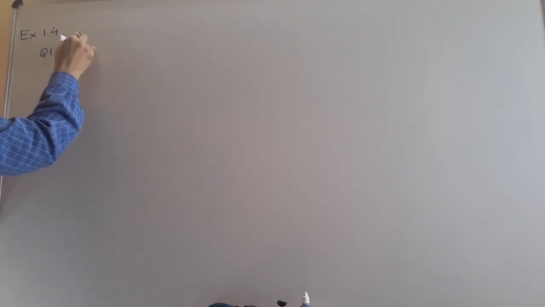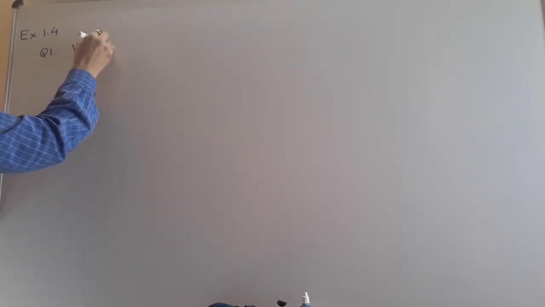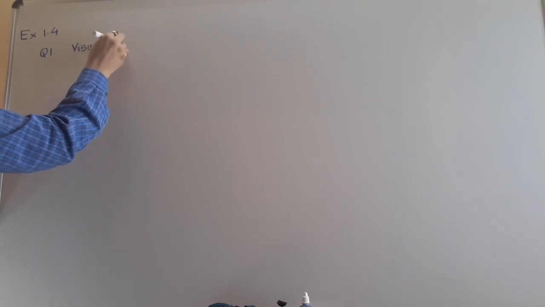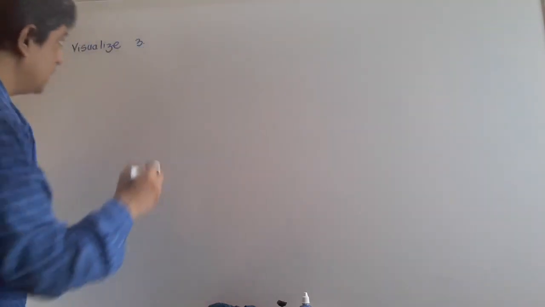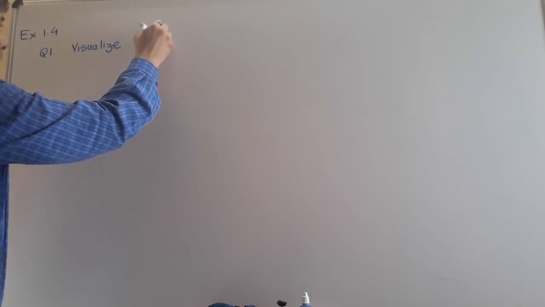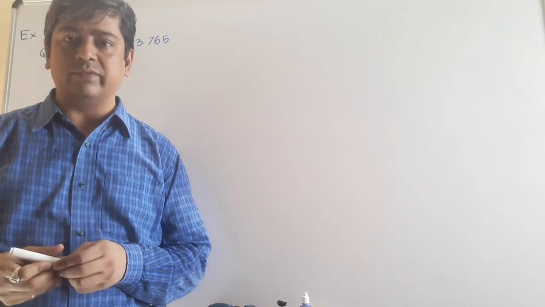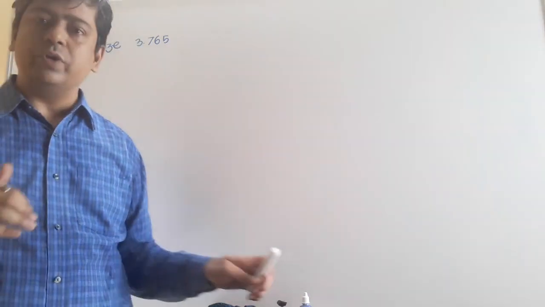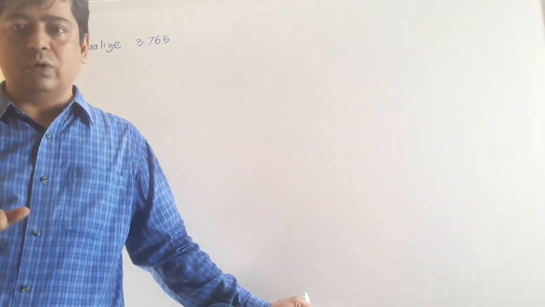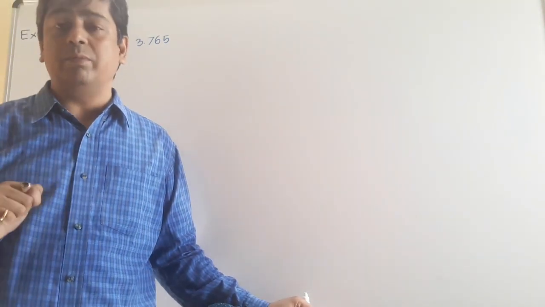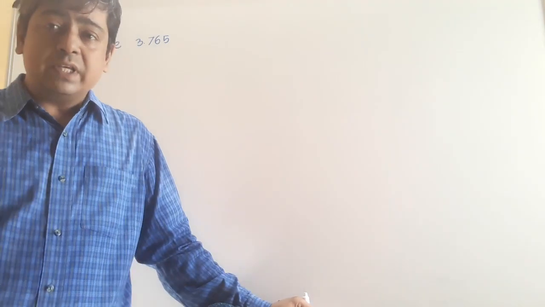They are saying visualize 3.765. Okay, so we have to visualize 3.765. Now see, visualize means we have to draw this number on the number line. But in one attempt we cannot draw it because it goes up to 3 places of decimal.